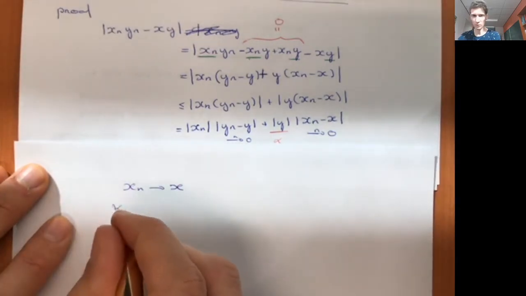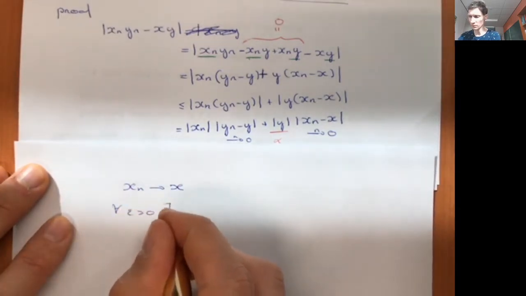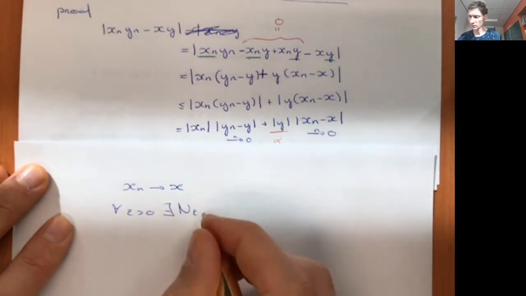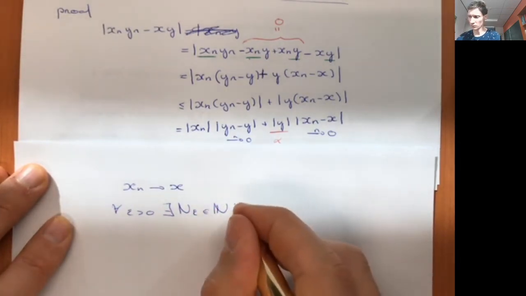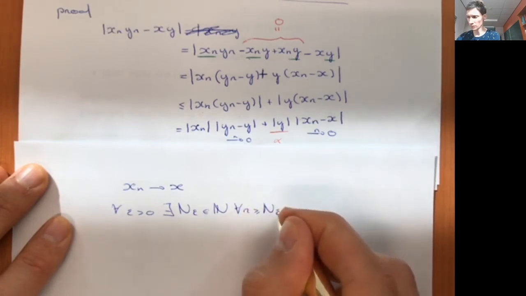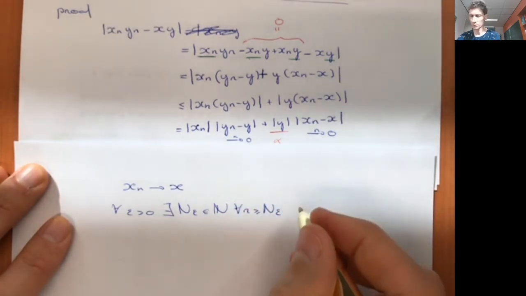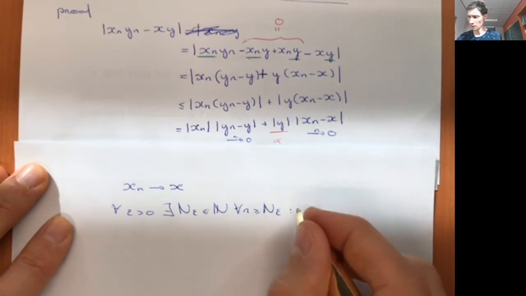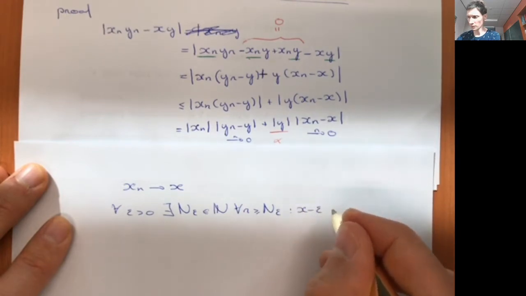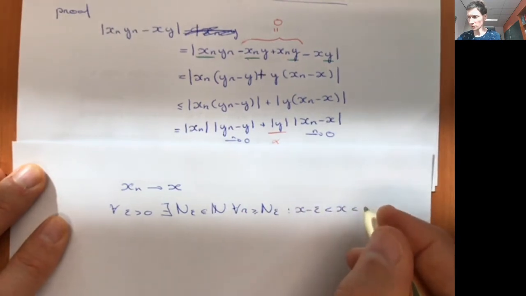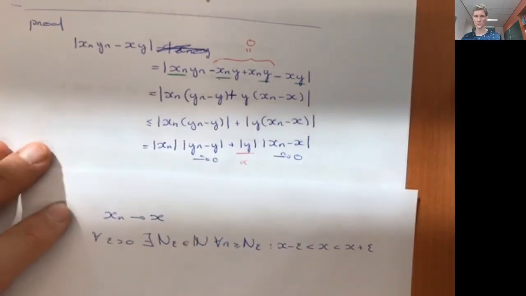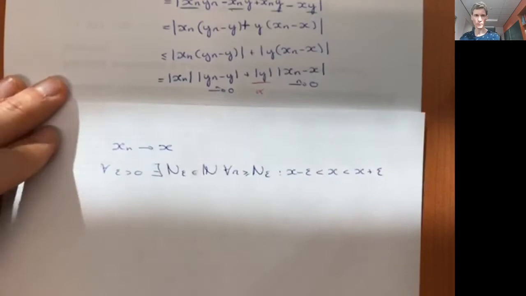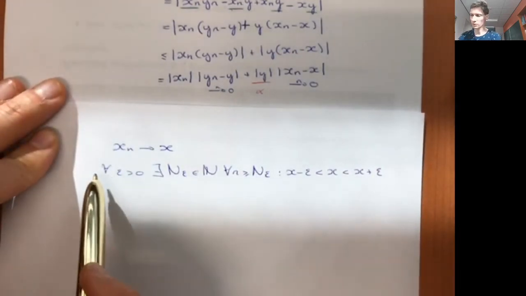So we know that for all epsilon bigger than 0, there exists an n epsilon in N, such that for all n greater or equal to n epsilon, x minus epsilon is smaller than xn is smaller than x plus epsilon. So what will we do?